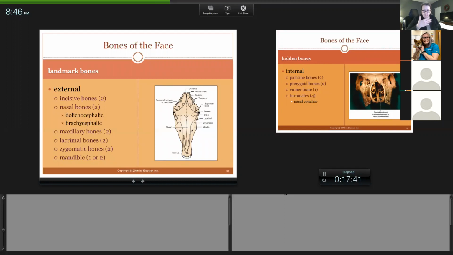Hopefully you can remember lacrimal meaning tear, and that's near there. And the zygomatic bone, right here, it just looks like a bone, but it forms the zygomatic arch. It's the cheekbone area.